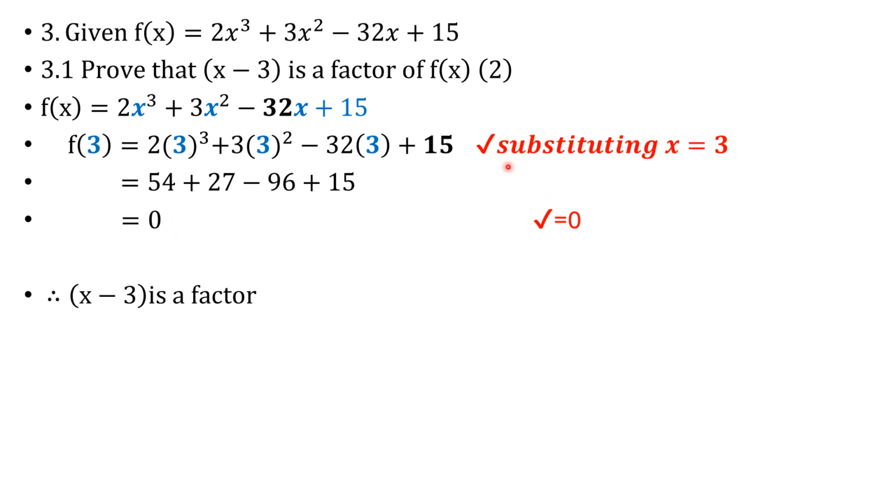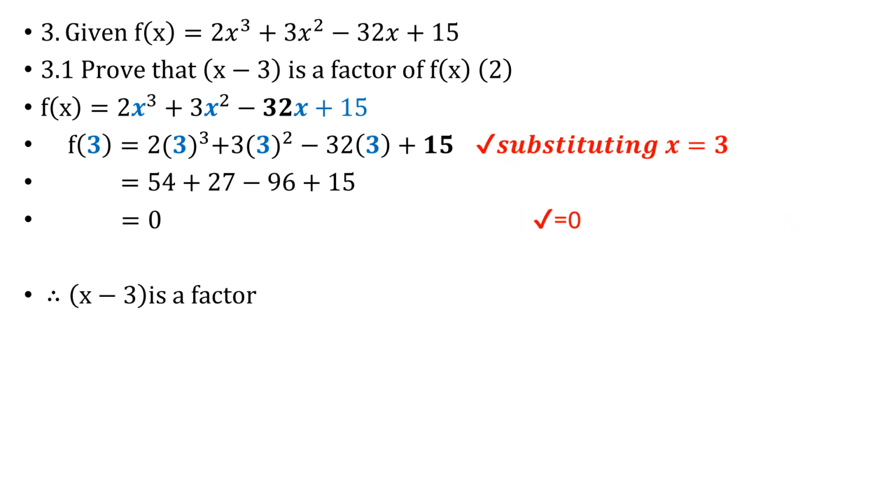Again, 1 mark for substituting x equals 3, another mark for showing it equals 0. Therefore, x minus 3 is a factor. I hope all of this makes sense, and I hope you now can see how you can get those 2 marks. It's a common exam question.